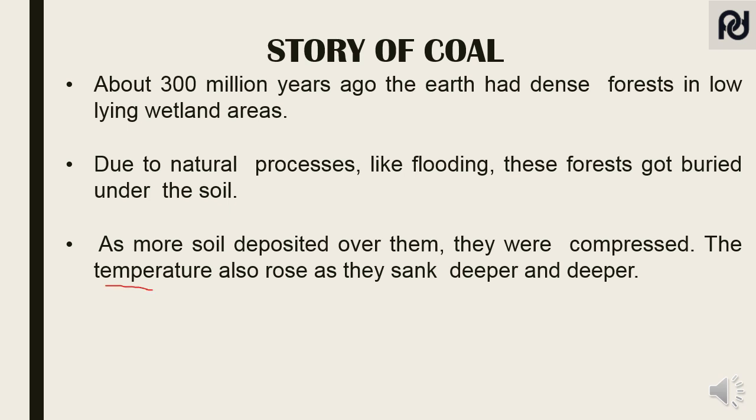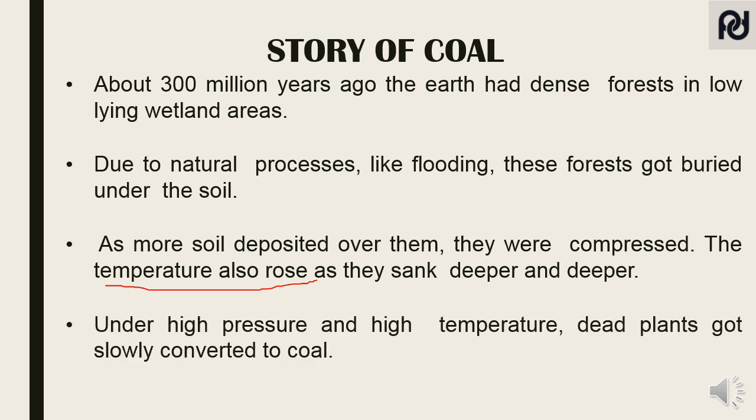So the temperature also rose as they sank deeper and deeper. Under high pressure and high temperature, dead plants got slowly converted into coal. So initially, that was the dense forest. Due to floods, it got buried into the soil. Then it sank deeper and deeper, and due to the high pressure and temperature, it got converted into coal.